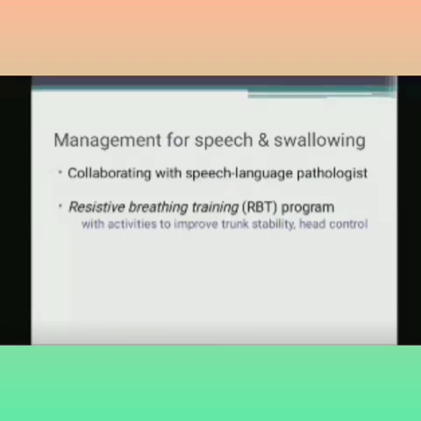Another important thing is that during speech, they should maintain a proper posture, which helps in all these activities. That's why you may work on trunk stability, head control, and all those things, so that they have better improvement in their speech and swallowing.